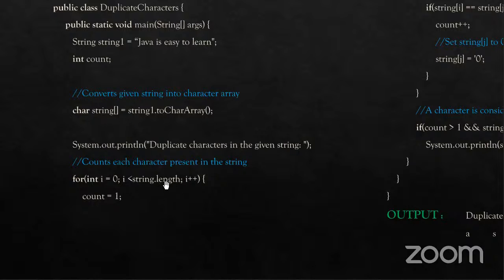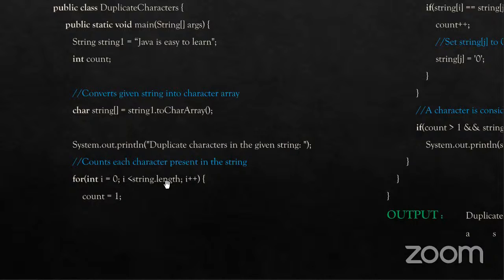This string is our character array, right? So this length is not the same as what we saw in the last two programs, where the length method belongs to the String class.